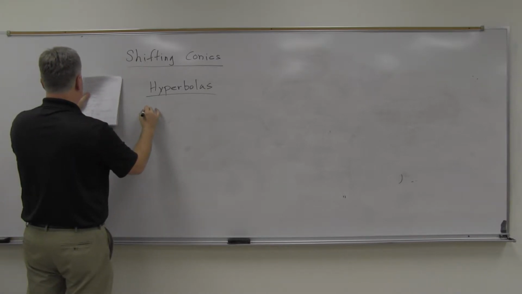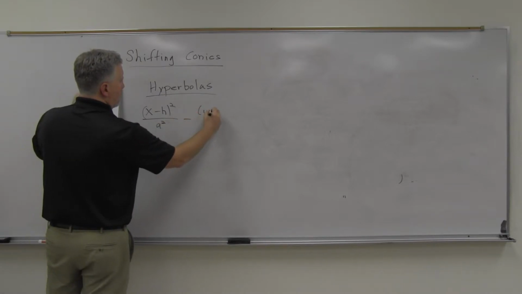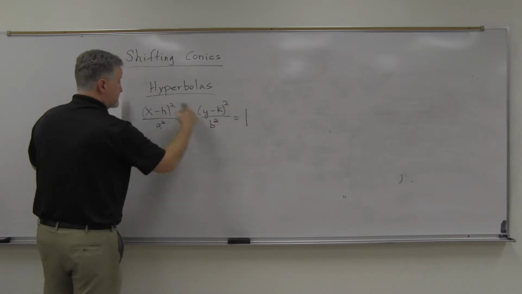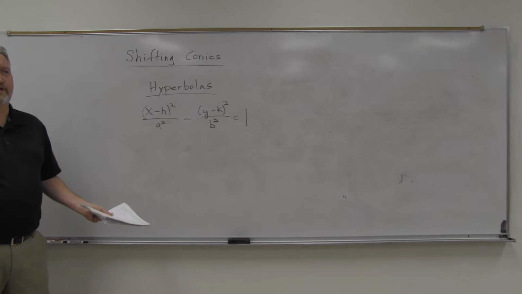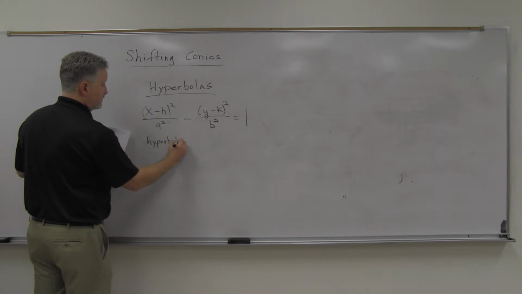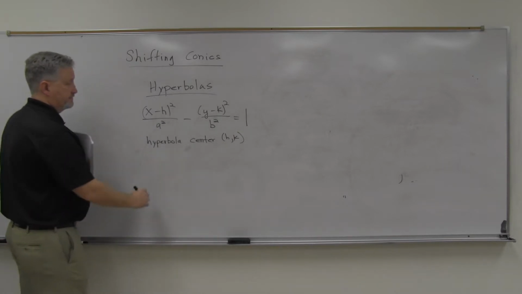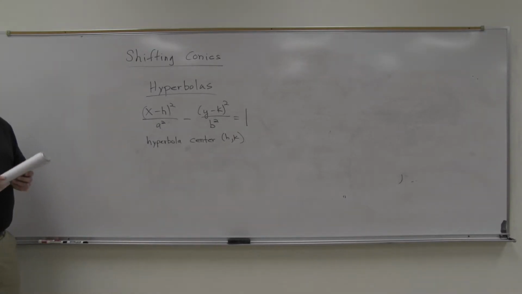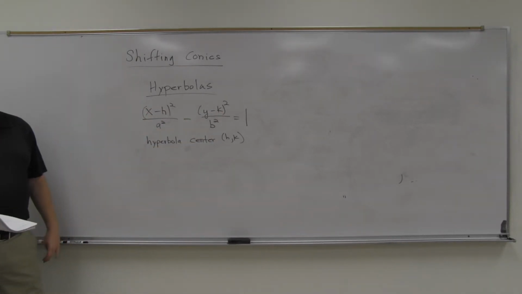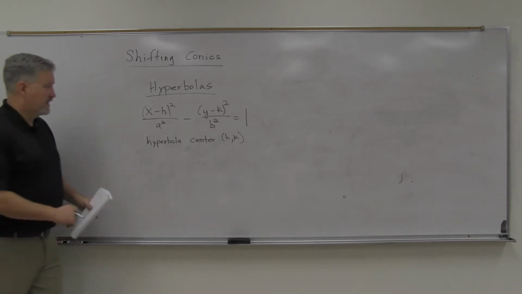If I've got x minus h squared over a squared minus y minus k squared over b squared equals 1, because it's x squared, y squared, but it's minus in between, that's a hyperbola centered at h, k. Same thing: whatever is subtracted from the x is your h, whatever is subtracted from the y is your k, your center. So that's good. Shifting works much the same way.